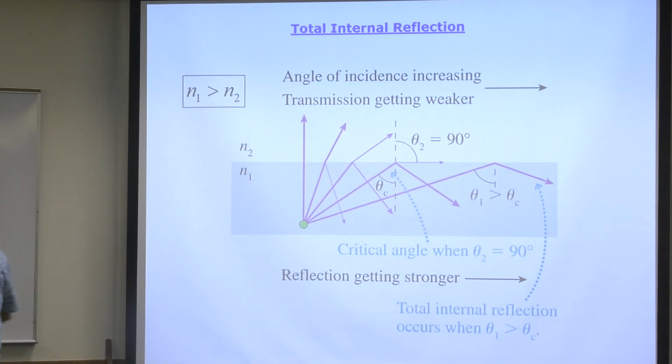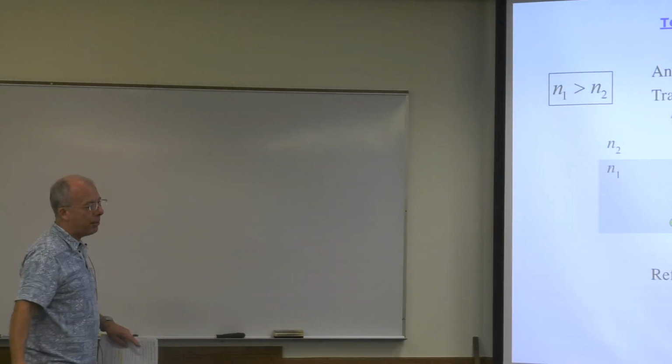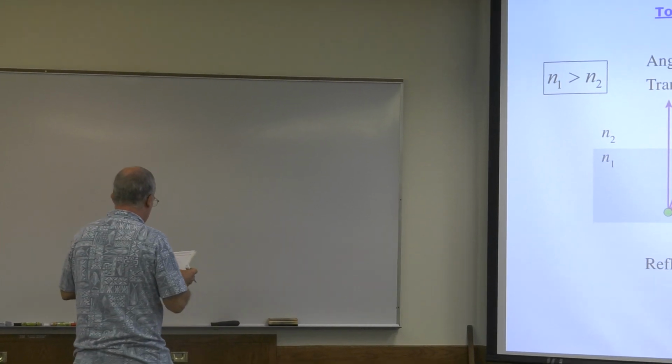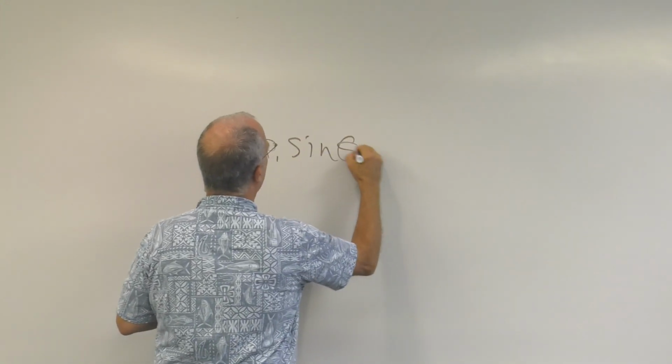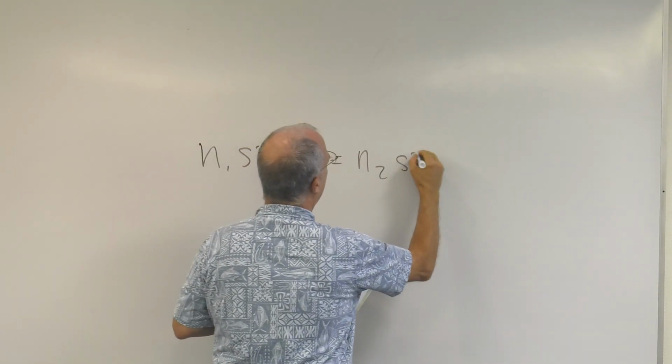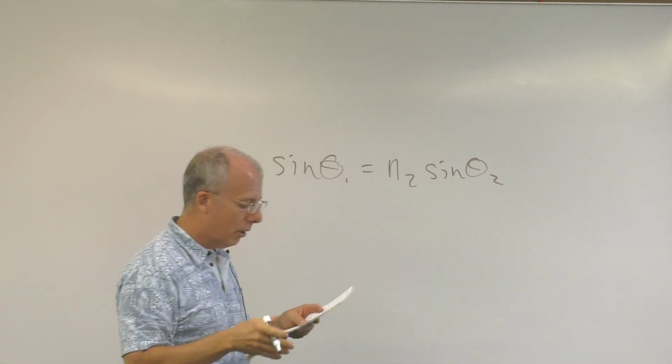Okay, so let's use Snell's law to get an equation for this. If you're going to work with a fiber optic, you've got to figure out what the critical angle is. So it's easy. n1 sine theta 1 equals n2 sine theta 2. That's Snell's law.